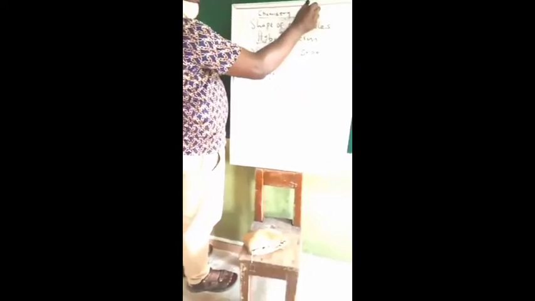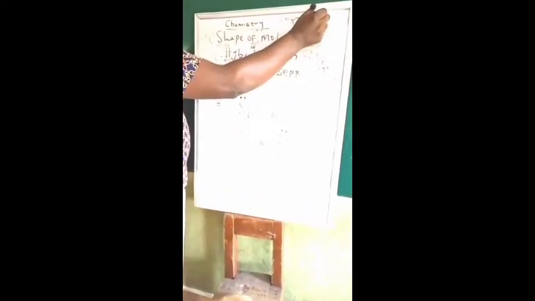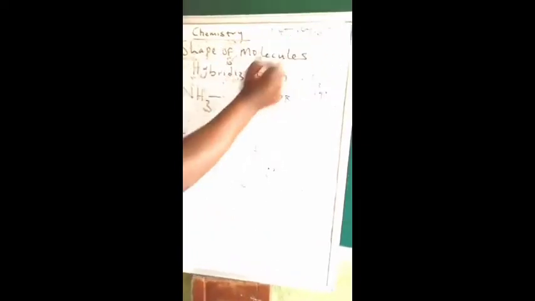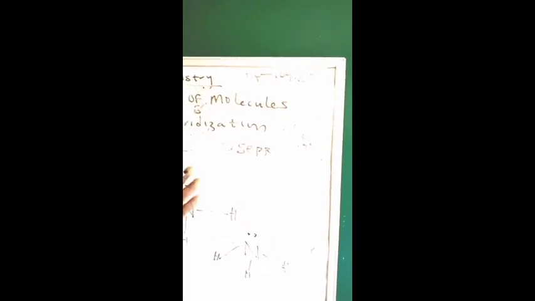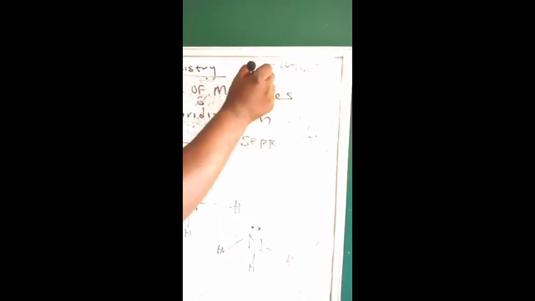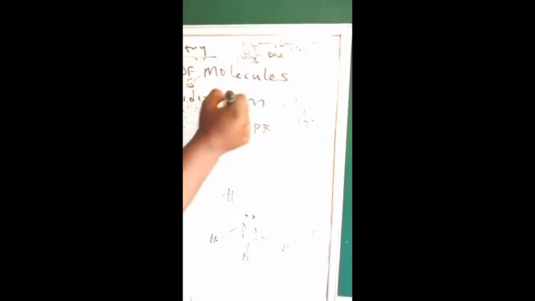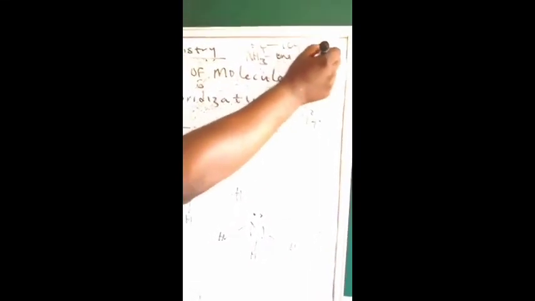For example, methane has a bond angle of 109.5 degrees. It has no lone pair. The lone pair is 0. It has 4 bond pair and no lone pair. But look at ammonia. Ammonia has 1 lone pair and 3 bond pair. The bond angle is 107.